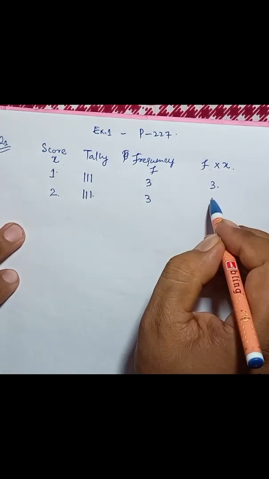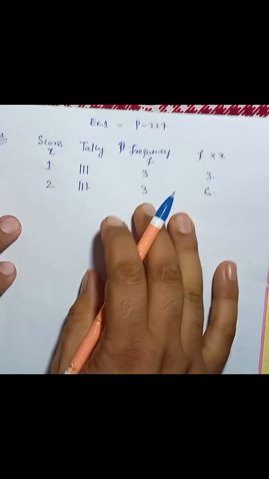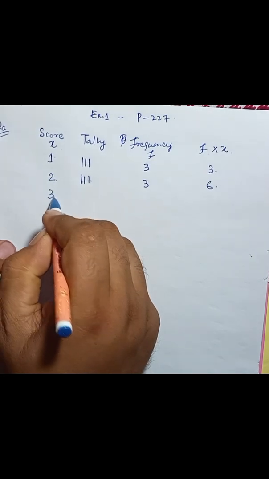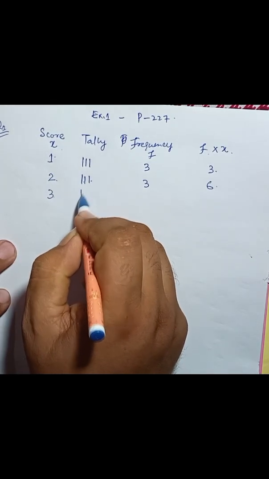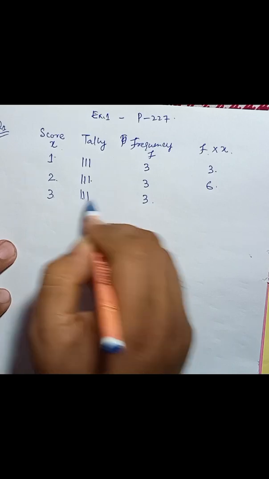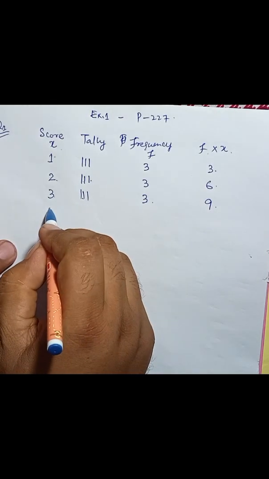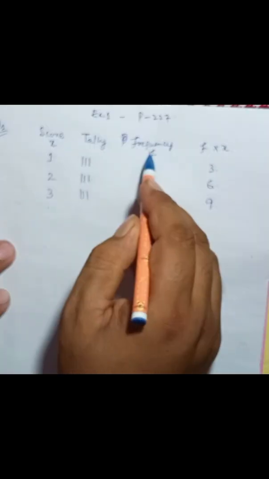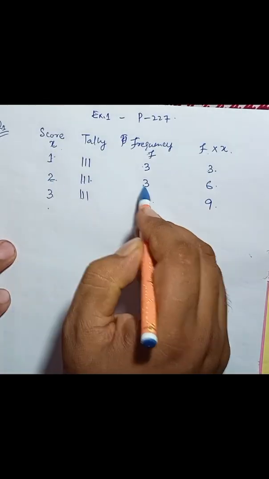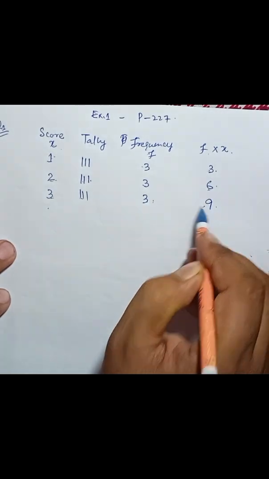Then 3 twos are 6, F into X. And the third, 3, also exists 3 times. So frequency is 3, tally is 3, 3 threes are 9. So you can see this is F into X: 1 into 3 is 3, 2 into 3 is 6, 3 into 3 is 9.